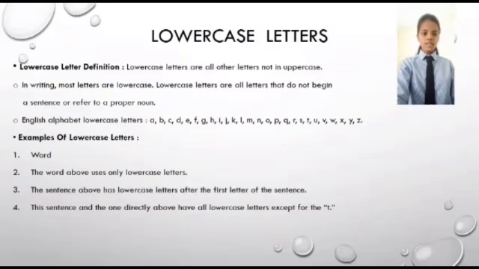Examples of lowercase letters: first, the word. Second, the word above uses only lowercase letters. Third, the sentence above has lowercase letters after the first letter of the sentence. Fourth, this sentence and the one directly above have all lowercase letters except for the T.